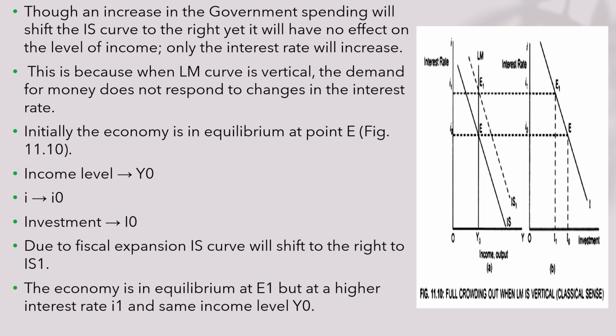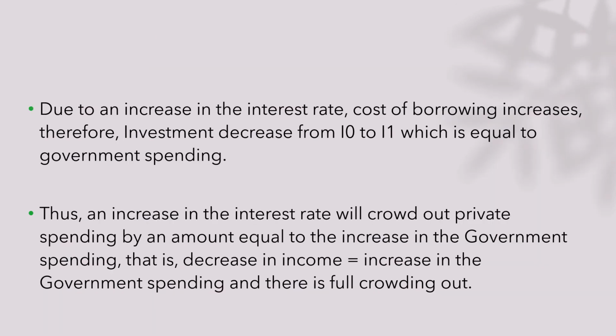Initially, the economy is at point E, where the income level is Y0, the interest rate is i0, and investment is I0. During the fiscal expansion, that is, whenever there is a shift in the IS curve, the economy is in equilibrium at point E1, but at a higher interest rate i1, and the income level remains the same, that is Y0.